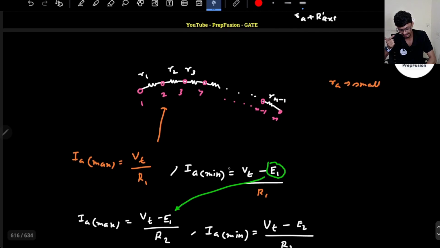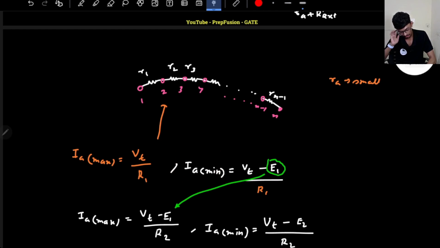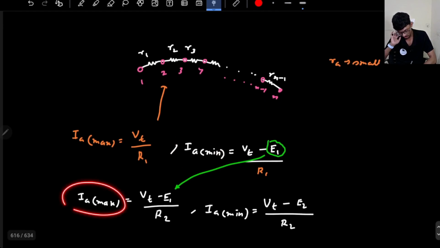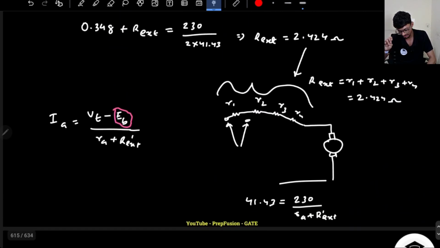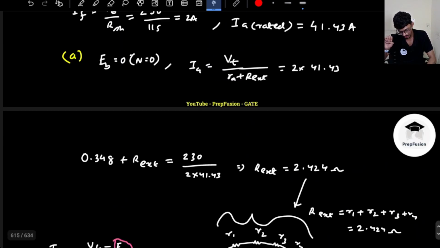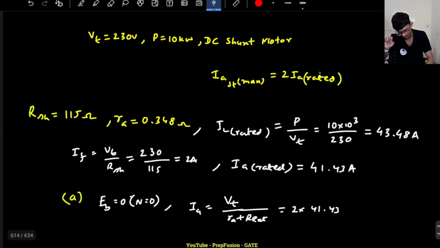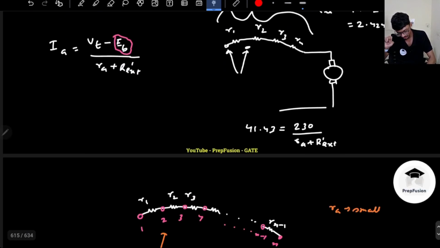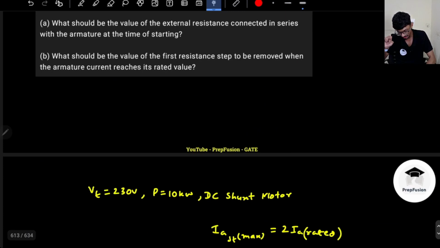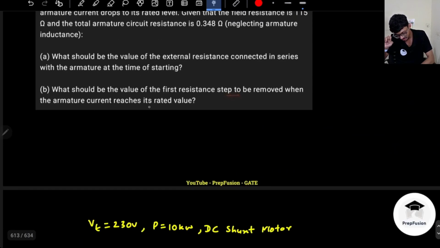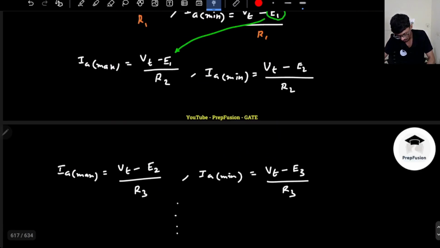My current has reached IA minimum at that point of time, and the maximum value of current I already know. IA maximum I know is 2 times I rated, and IA minimum they have told me: as soon as I move to the second place, that is when the current reaches its rated value.